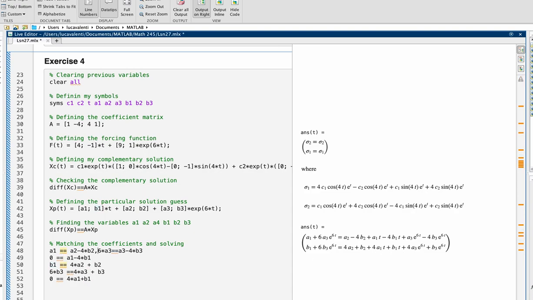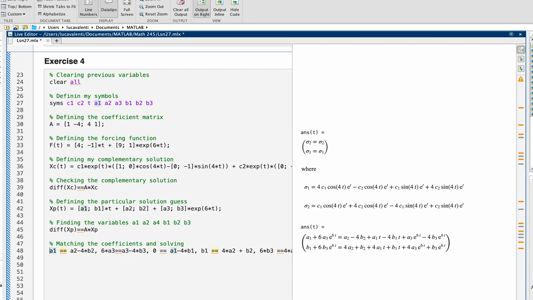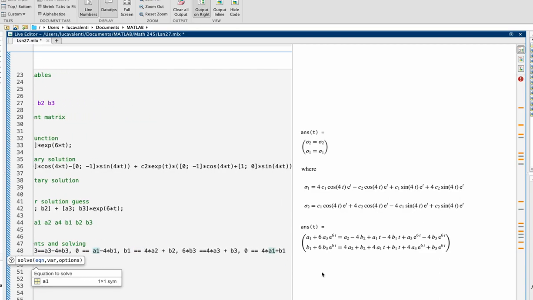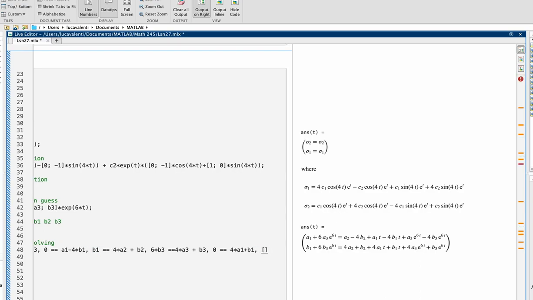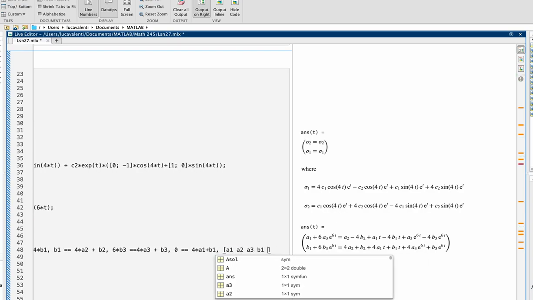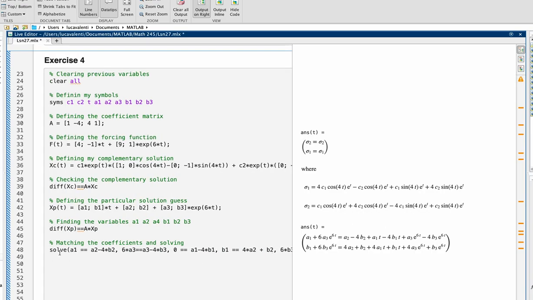Now that we do this, we're going to put them all in the solve argument, and we're going to ask it to solve for these. So we do this. Now the solve. This becomes the argument. And then we have to tell it what to solve for. Well, we want to solve for a1, a2, a3, b1, b2, b3. And we'll let it output, so we won't put a semicolon at the end.